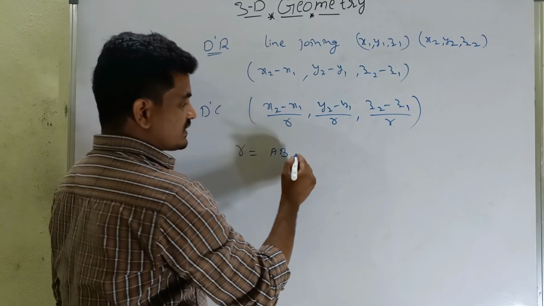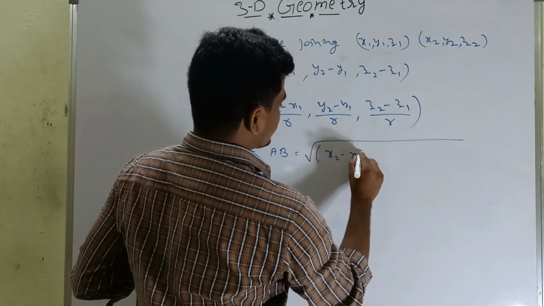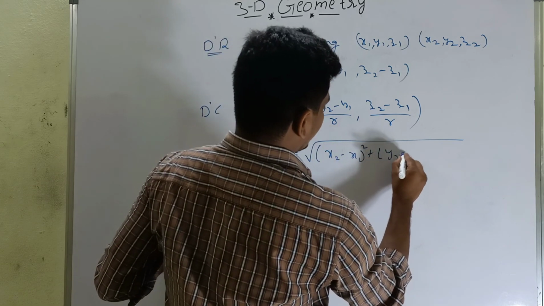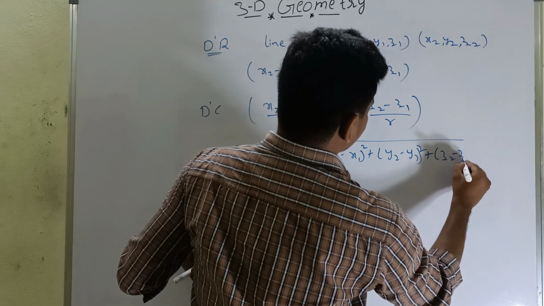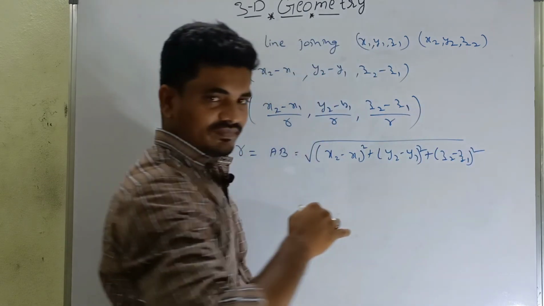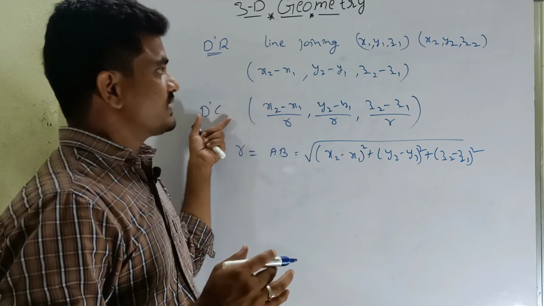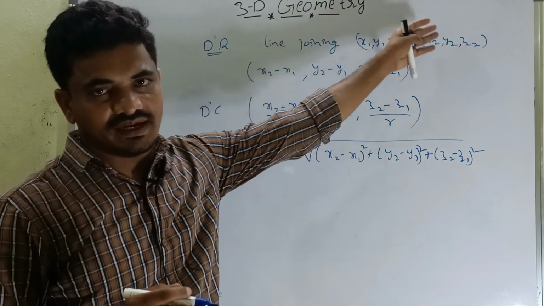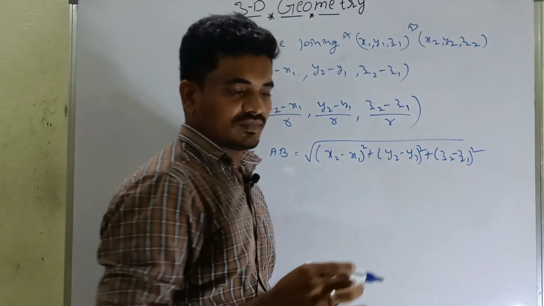We already know the distance between 2 points is the square root of x2 minus x1 whole square plus y2 minus y1 whole square plus z2 minus z1 whole square. So we use this to find the direction cosines of the line joining the points A and B. So this is point A and this is point B.